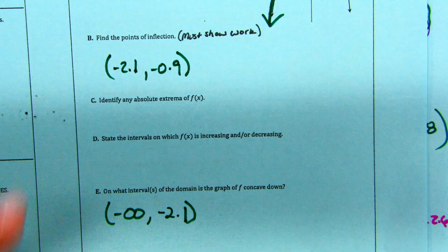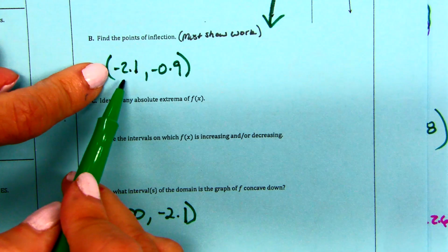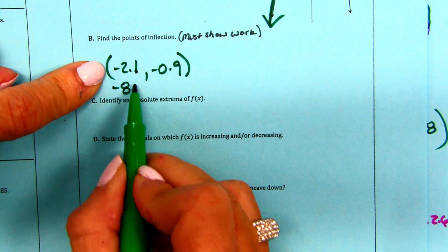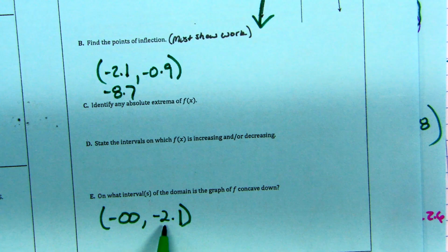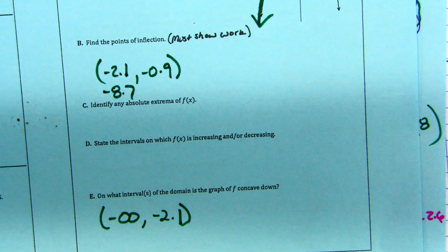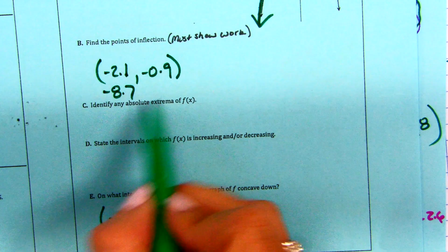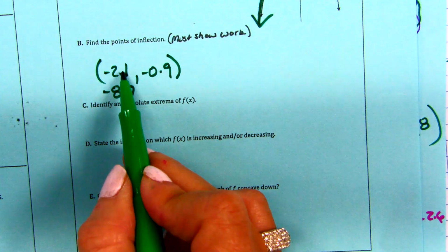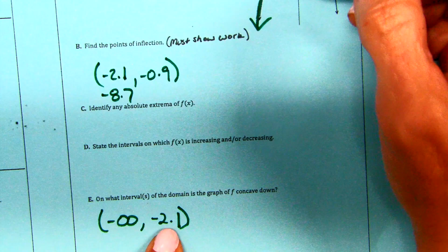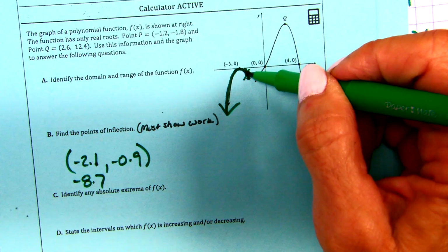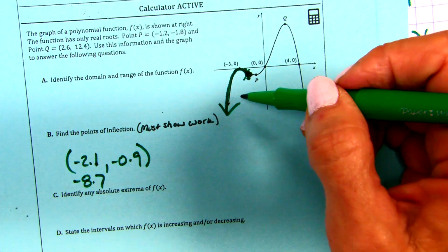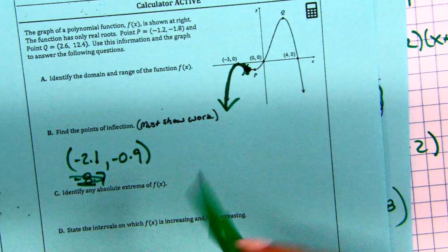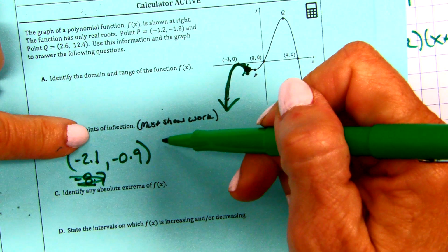Now, what if you got this wrong? What if you had -8.7? Okay, let's pretend you had this wrong answer. If you wrote -8.7 here, you would still get this right. Do you see what I'm saying? So if you did your math wrong up here, but you're saying, oh, I think the x value of this point is -8.7, you're telling me you knew where the concavity changed. I mean, you would get the earlier part wrong because you did the wrong math, but you get this right.